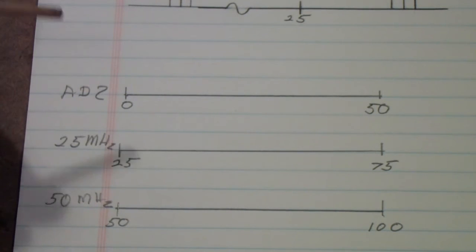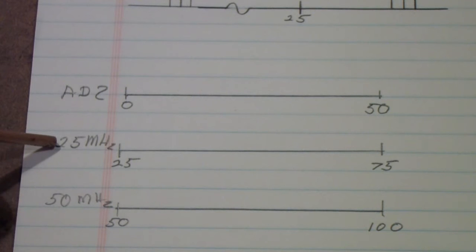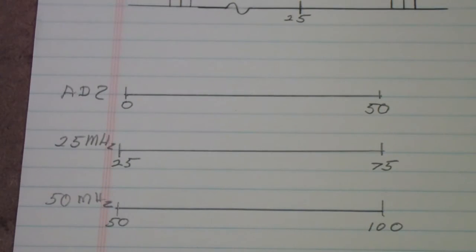But if you used a mixer to mix, for example, a 25 megahertz local oscillator, that then gives you a frequency span from 25 to 75 megahertz. If you use a 50 megahertz oscillator, you can go from 50 megahertz to 100 megahertz.